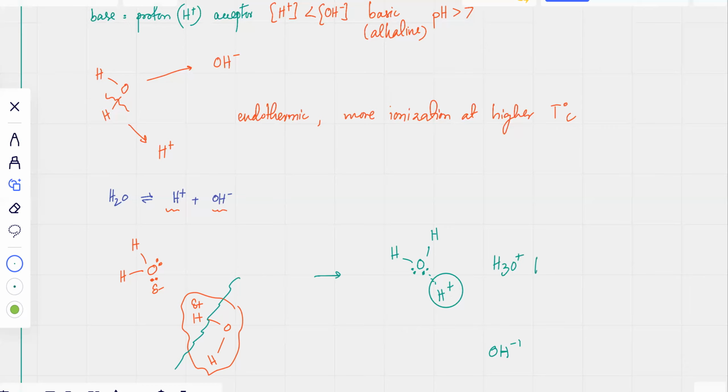These are your hydronium ions. So all your life you've studied that there's H+ ions in solution, when in fact there is no H+ ion in solution. It's actually the hydronium ion. This is what you call your H+ ion. The true picture is that there is no H+. This is your hydronium ion.